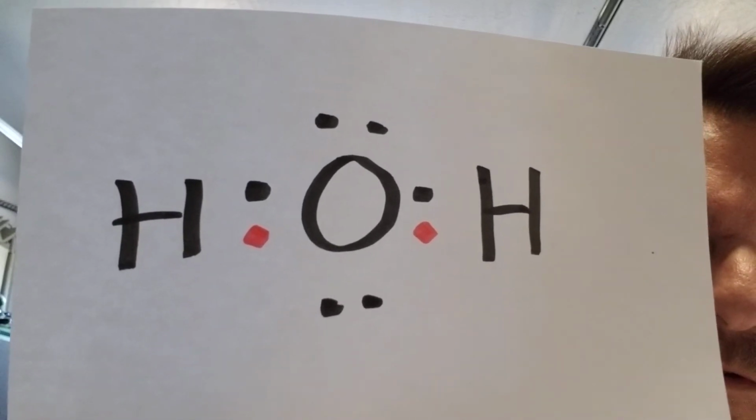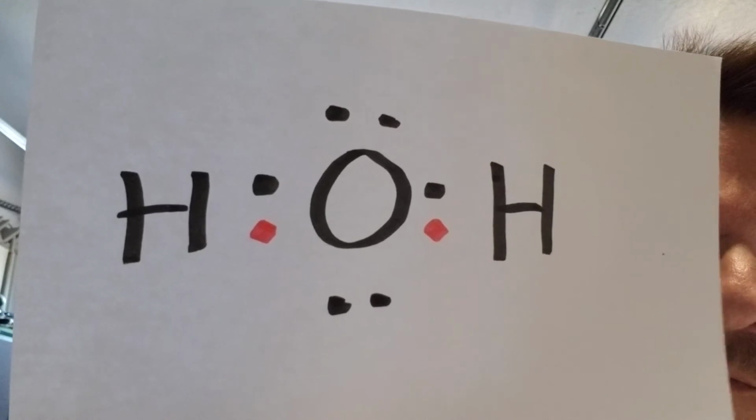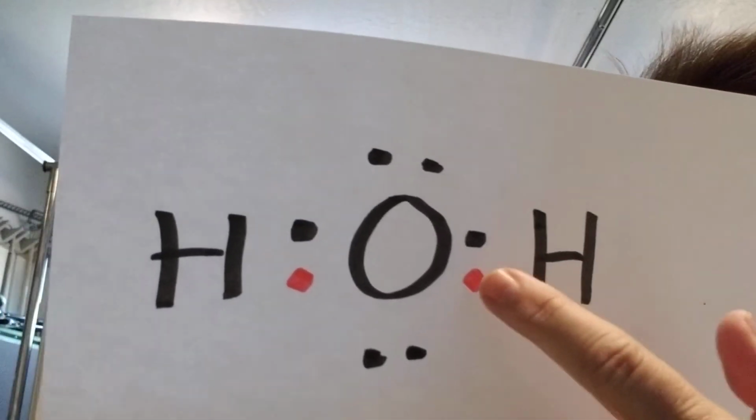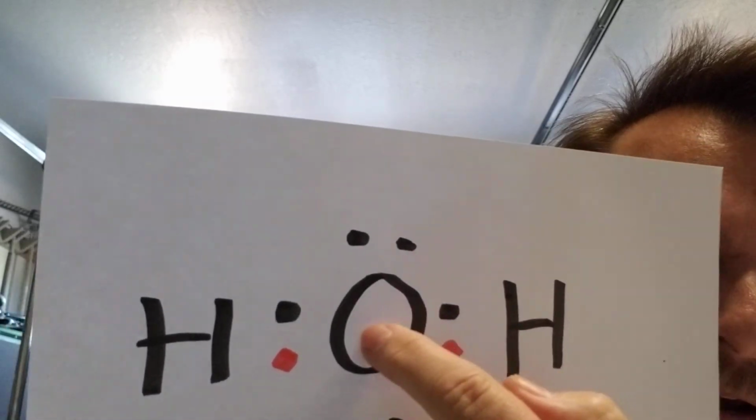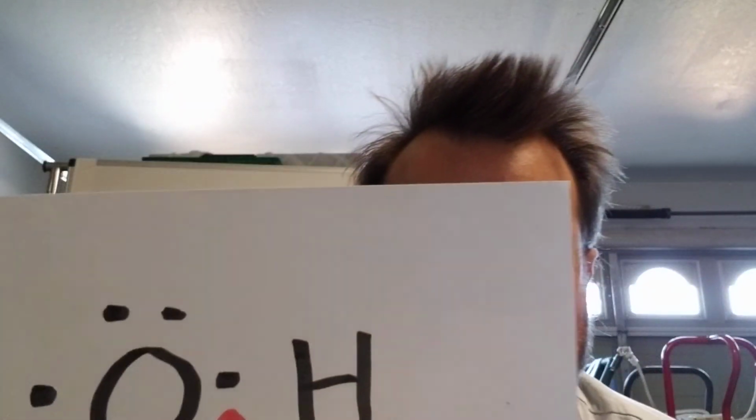There's another way we draw bonds when we have electron pairs like this that are sharing. Sometimes we just draw a straight line, okay? And I'll do that on another piece of paper so that you can see it easier.